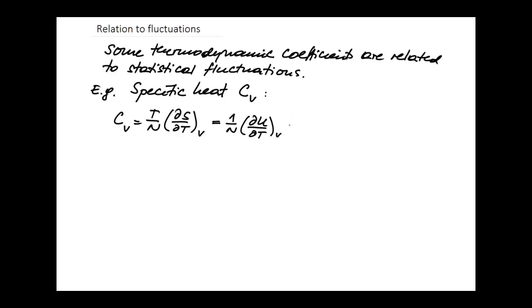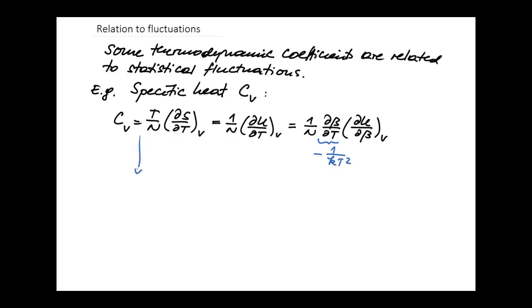Instead of taking the partial with respect to temperature, we can use the chain rule and replace it by a partial with respect to inverse temperature beta. So we can also write this as 1 over N and then d beta over dT and then dU over d beta at constant volume. This partial here, this is minus 1 over kT squared.